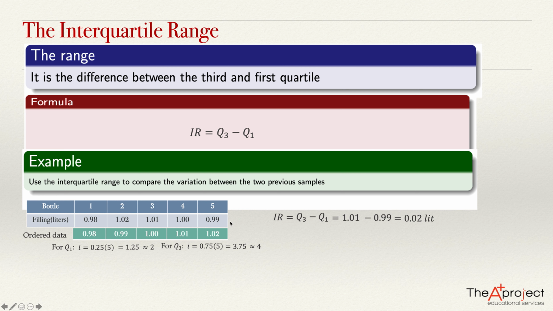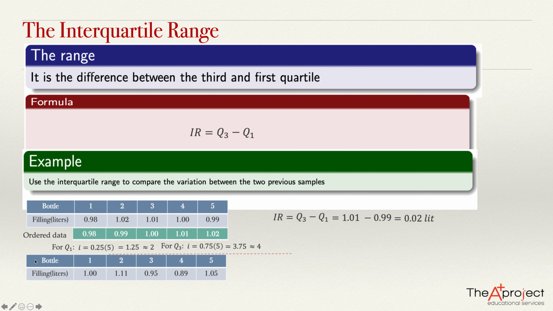Let's practice a little more. Let's do it again now for the second machine. Remember, this is the data set for the second machine. Maybe the order is not exactly as we got at the beginning, but they are the same numbers. For the interquartile range, remember we need to compute Q3 and Q1.